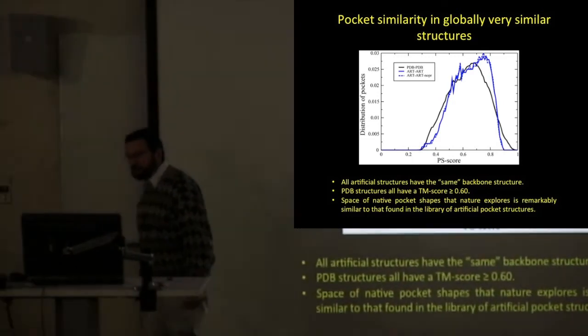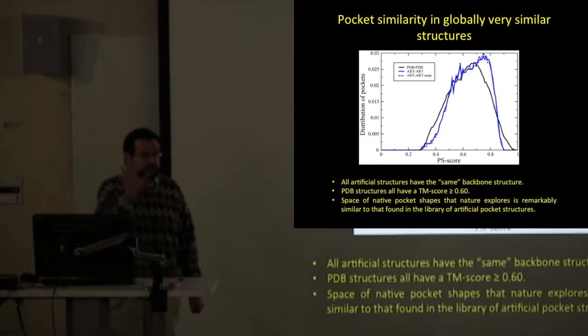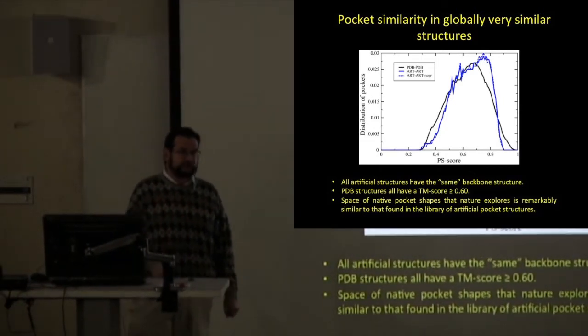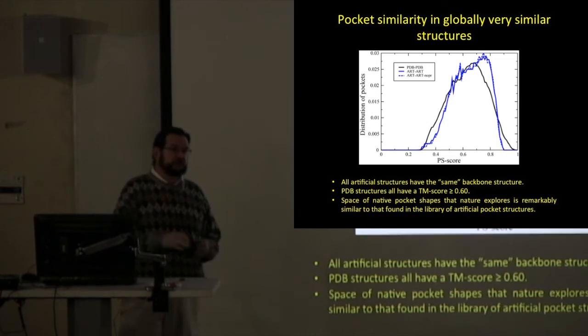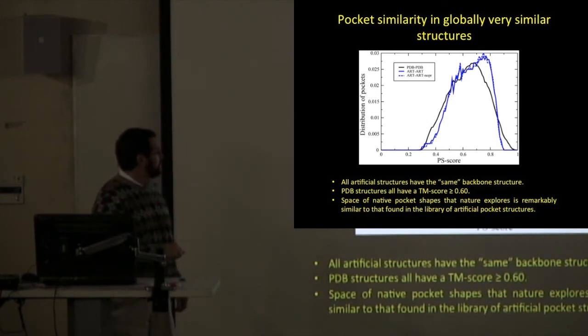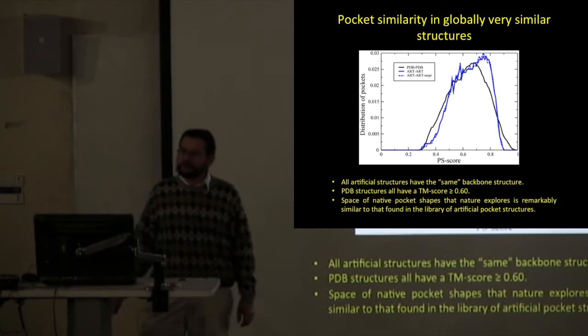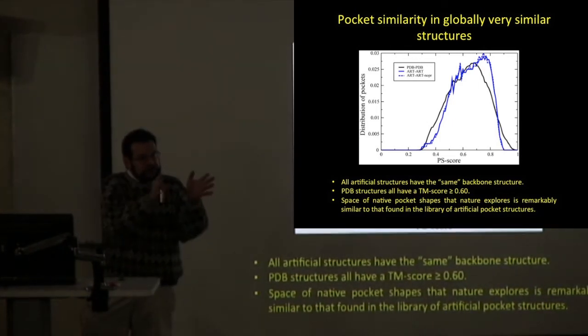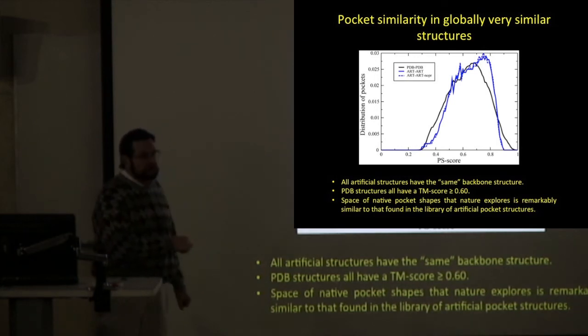So now let's look at sets of proteins that are structurally extremely similar, with a TM score bigger than 0.5, very low p-value. Some are more than 35% identical, and others are on the order of 35% identical and less than 90%. So exactly the same distribution. What you're seeing is that even when the global fold is the same, or very similar, you're seeing a broad distribution of pocket similarity. 0.38 is here.